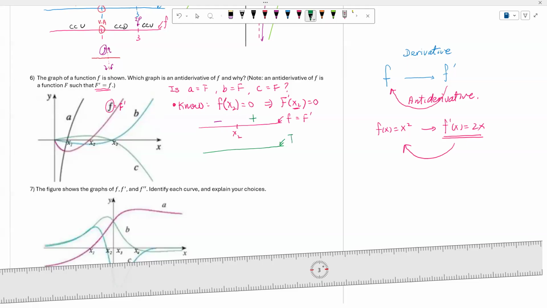If I want to translate to the function F, that means it goes from decreasing to increasing. From decreasing to increasing, we have a local minimum at x sub 2. The only function that has a local minimum at x sub 2 is the function b, isn't it? So my answer in this case will be b.